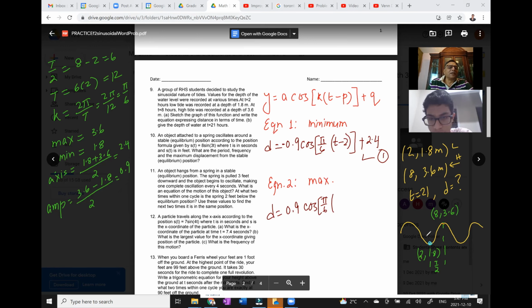Now you see that the time period is 12. So that is fine. We'll do that t minus 8 plus 2.4, right? So either equation you could use, both are correct equations.